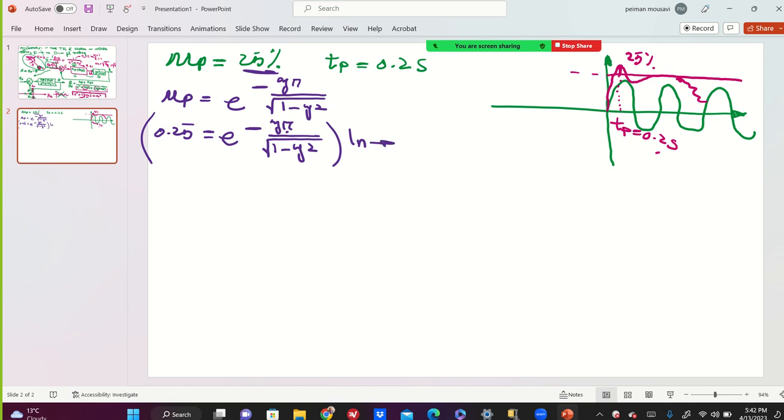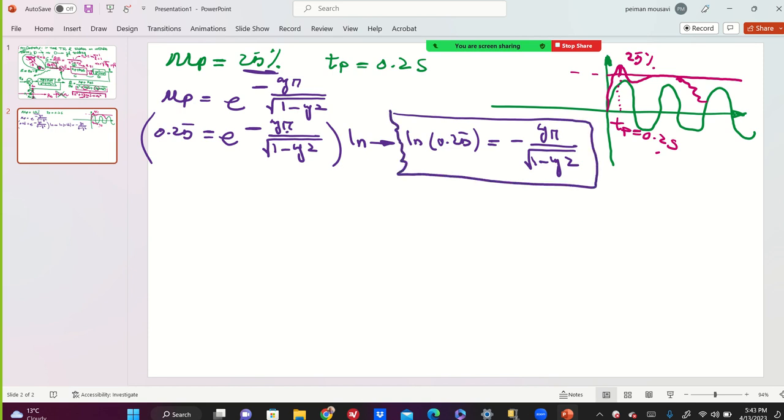So you have ln 0.25 equals minus zeta pi over the square root of 1 minus zeta squared. This is the equation to find zeta.